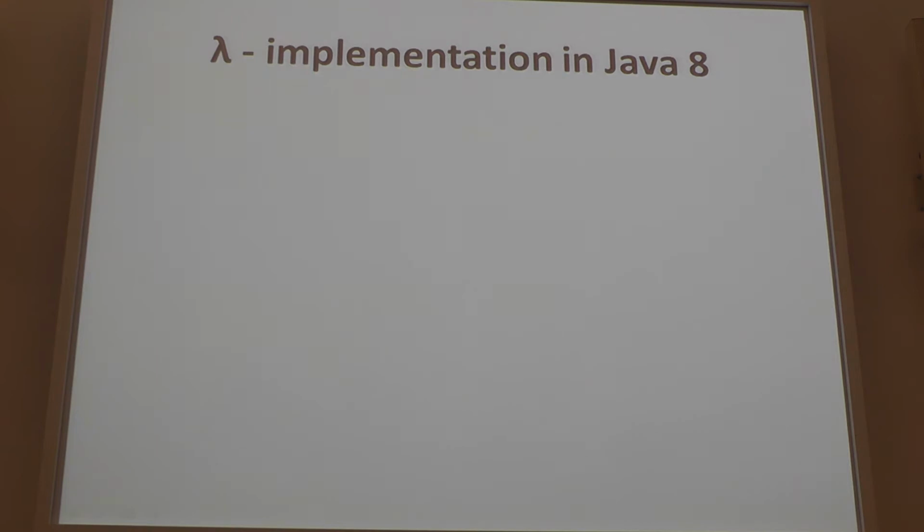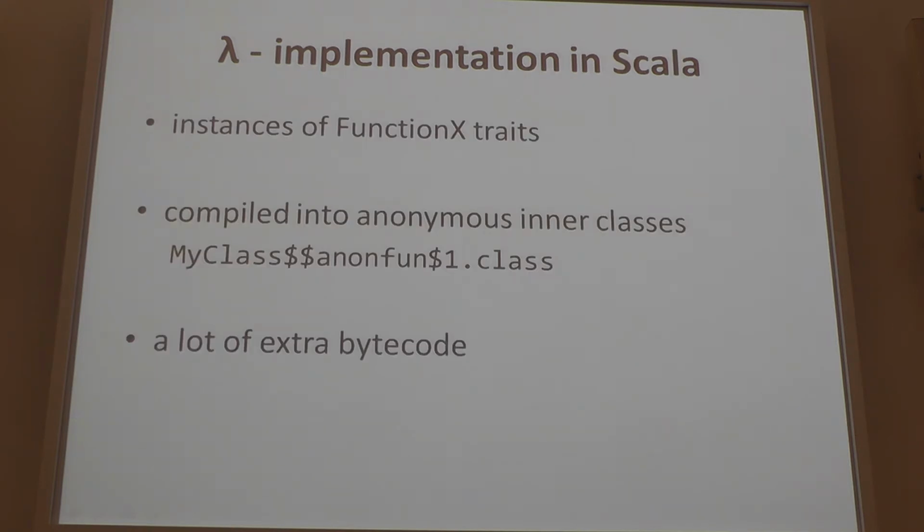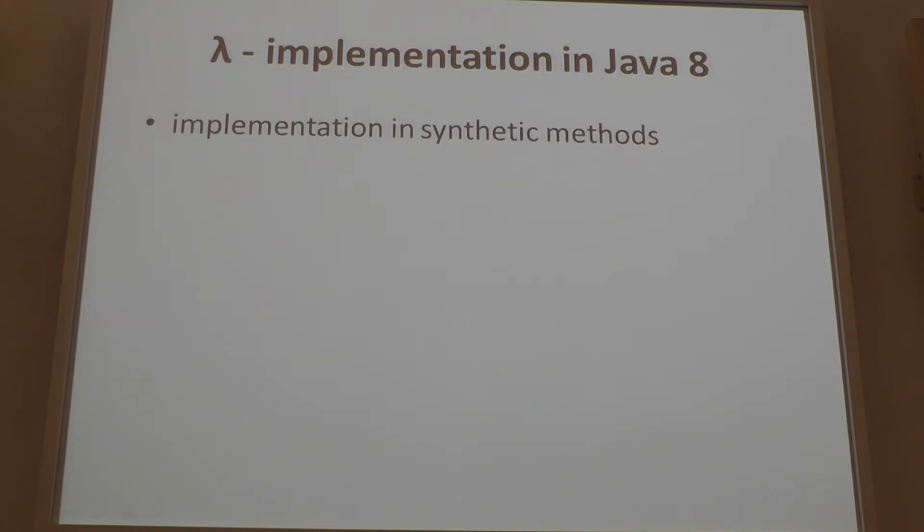So basically, where Scala will define a new inner class, Java 8 will generate just a method with the body of the function, and it will use an instruction that was added in Java 7, a new JVM bytecode instruction that is called invokedynamic. We'll look at it a little closer.